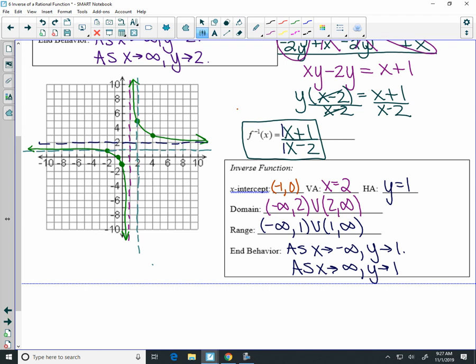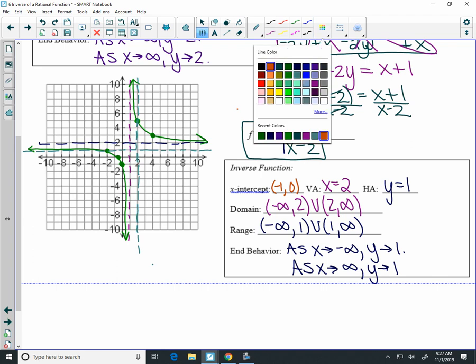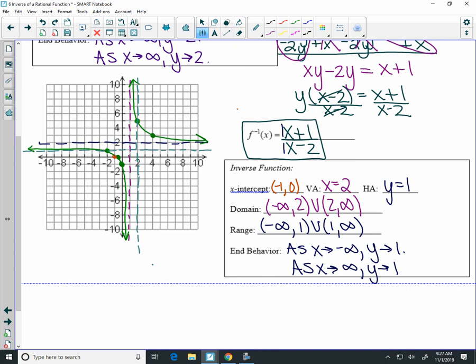Now we have an x-intercept of -1, 0. All right, our other nice points. I have 1, -2 as a nice point. We had -2, 1 on the other graph.